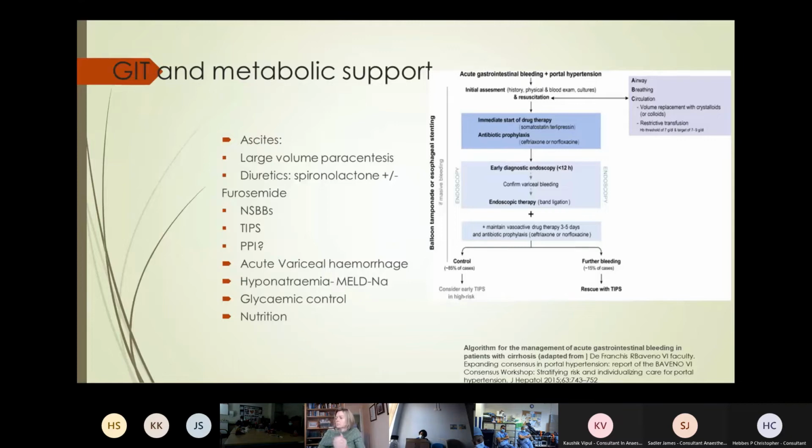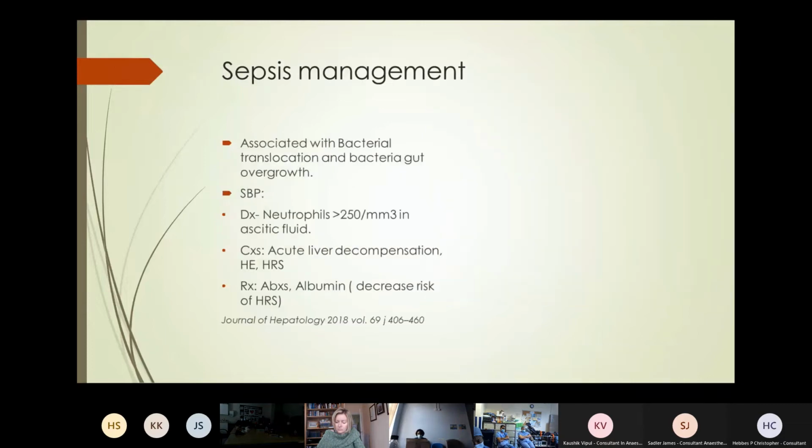You need to maintain the terlipressin. Usually we do 2 milligrams 4 hourly for about 48 hours, then go down to 1 milligram 4 hourly, and the total course of terlipressin should be just 5 days. If the patient is bleeding, then consider TIPS. If the patient has come in with massive hemorrhage, other things that can be employed are balloon tamponade or esophageal stenting.